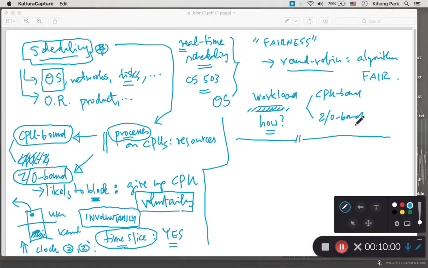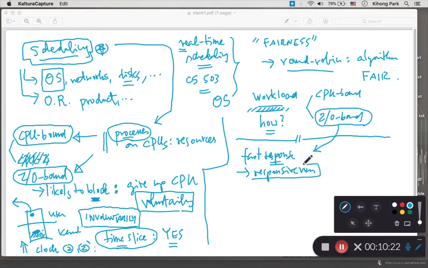And it turns out that these guys overall, not always, but overall tend to benefit from having fast responses. Responsiveness is an important performance criterion that these guys benefit from as a class of apps.